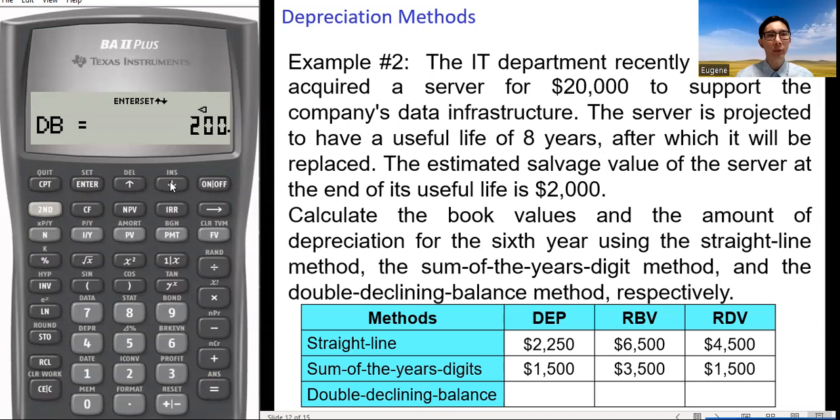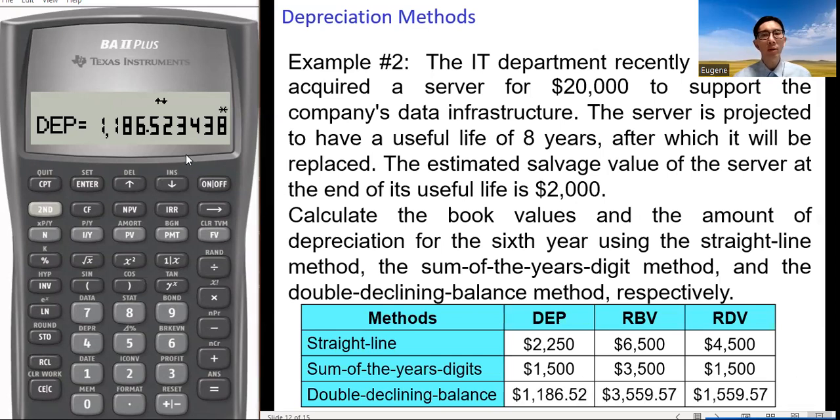And then we can get back to the DEP. $1,186.52. And then RBV, $3,559.57. And then RDV.